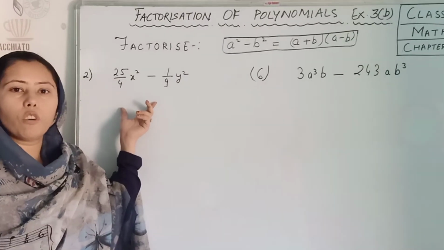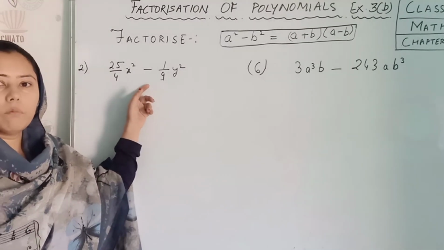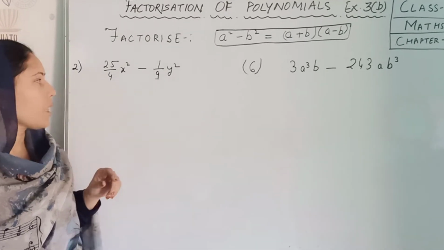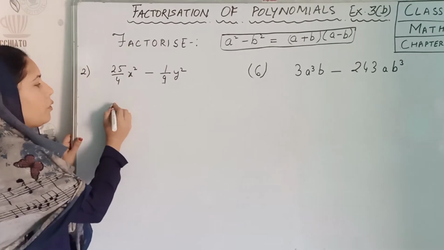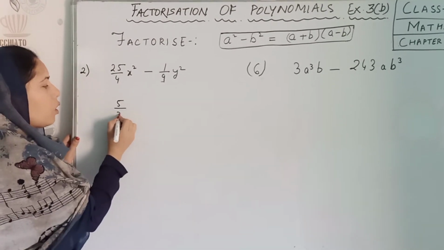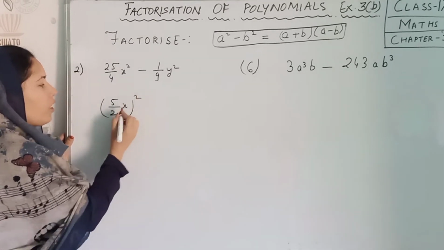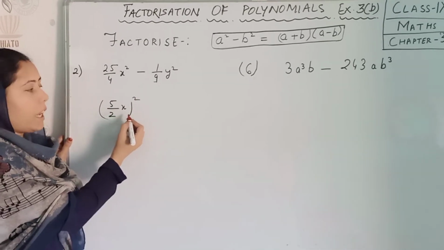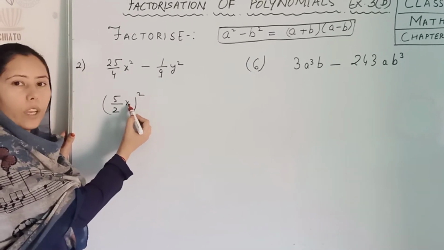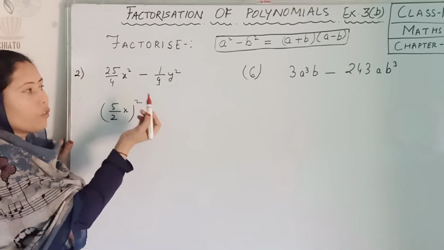The question is 25 divided by 4x square minus 1 upon 9y square. As we know, 25 is a square of 5 and 4 is a square of 2. So we can write it as (5 by 2x) whole square. If you open it, you will get x square, 5 square is 25 and 2 square is 4.